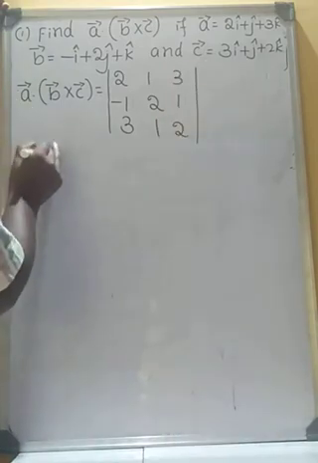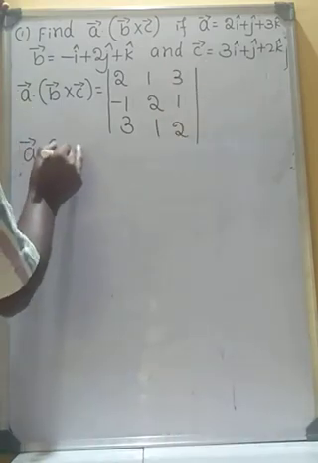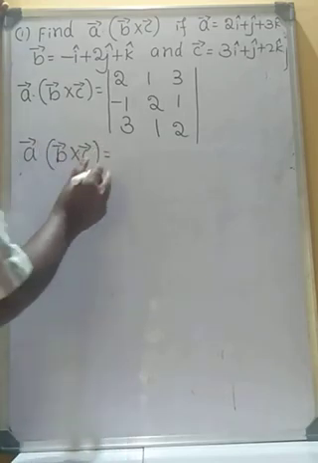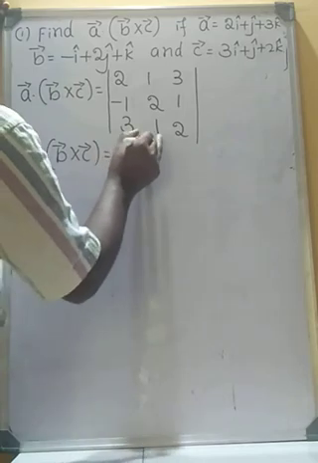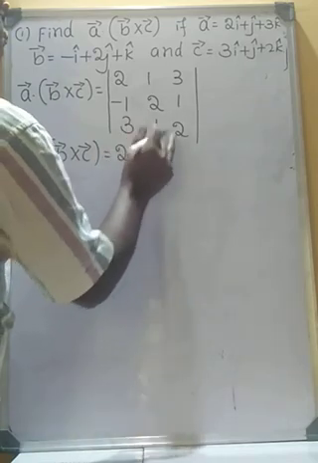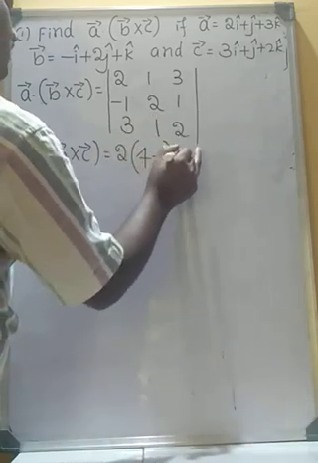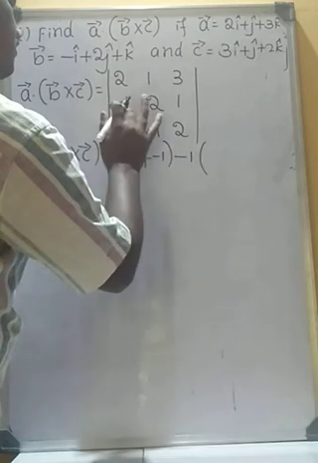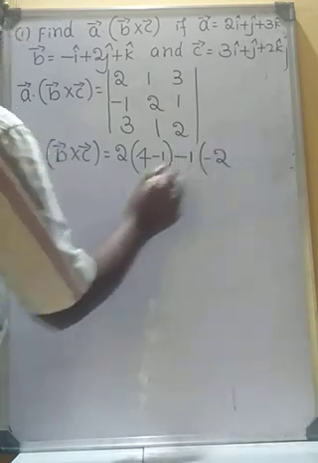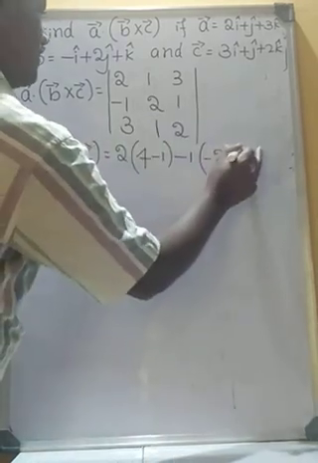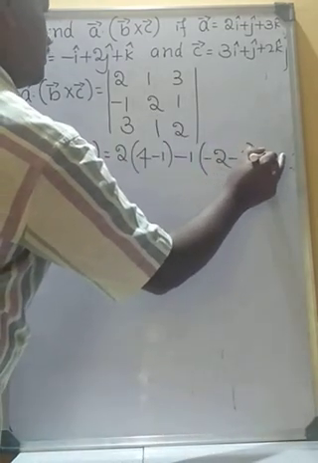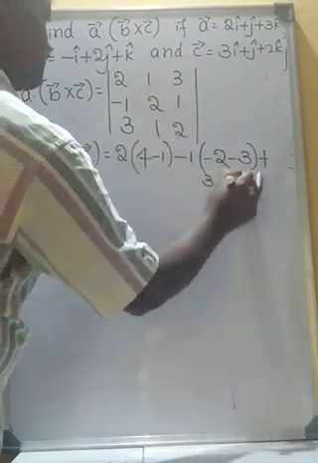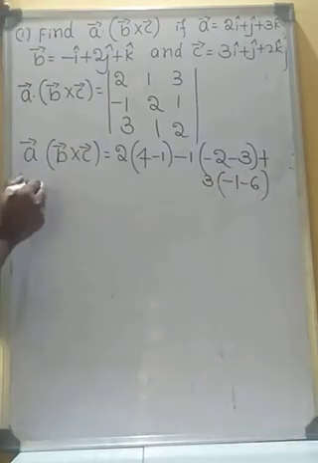So A dot B cross C is equal to 2 into (2 2s are 4 minus 1), minus 1 into (minus 2 minus 3), plus 3 into (minus 1 minus 6).